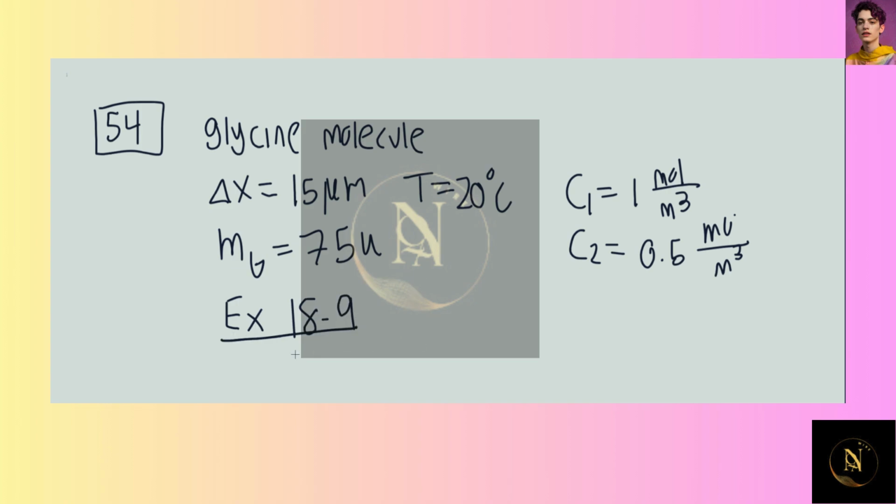So we're going to need a couple things here. The first thing is we need to look at example 18-9, which gives us a diffusion time in terms of concentration. This diffusion time is the average concentration divided by the change in concentration, multiplied by the distance squared, we'll call delta x, over this diffusion parameter D. That's a time.